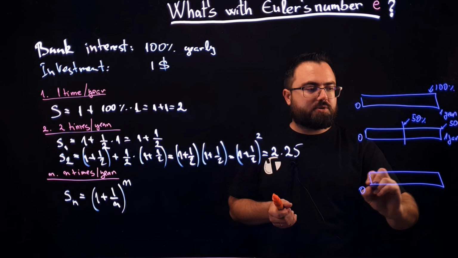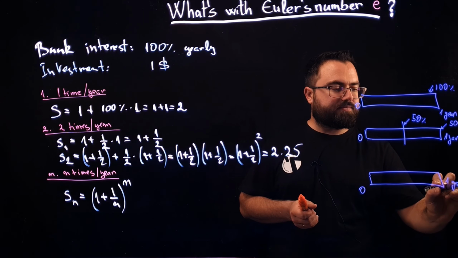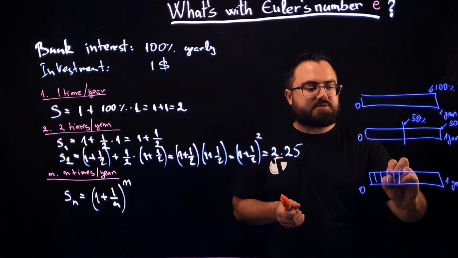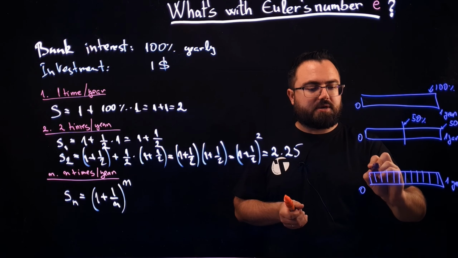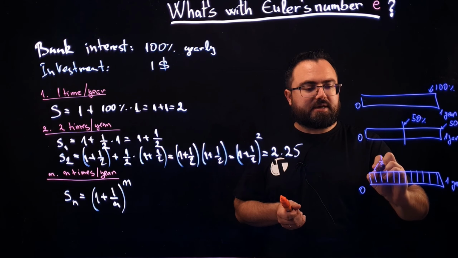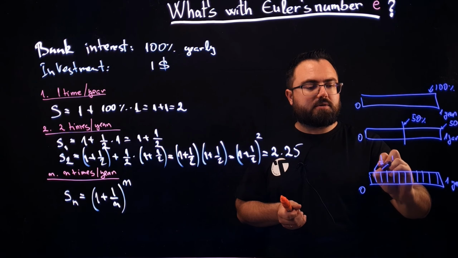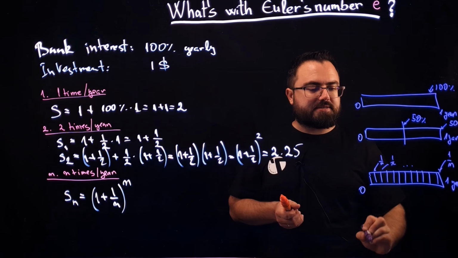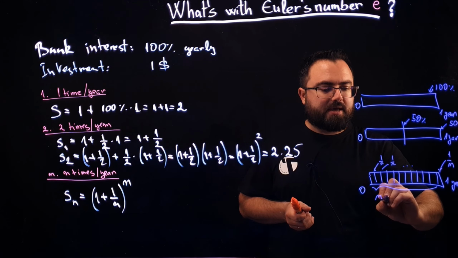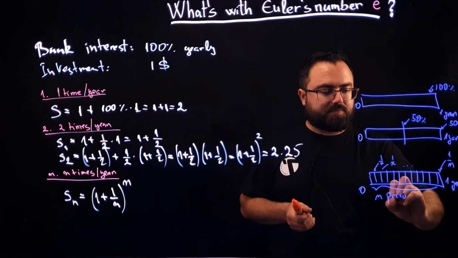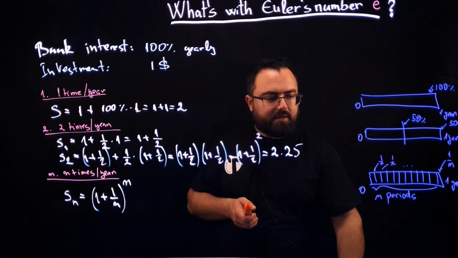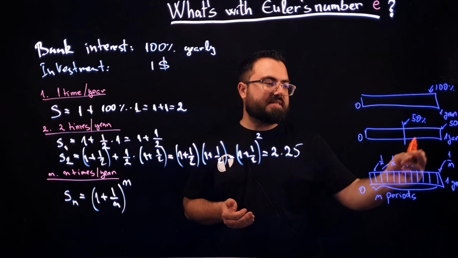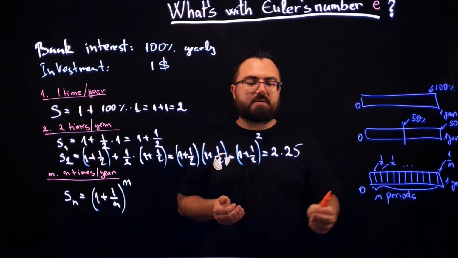You would have from 0 to 1 year, and this is divided into several parts right here, and each is yielding at the end of the period 1 over n, 1 over n, and at the end is 1 over n. This is divided in a total of n periods, and when you add up all these times, n times, you obviously get 100%, so it's the same thing.